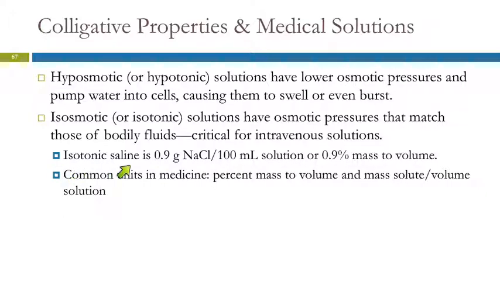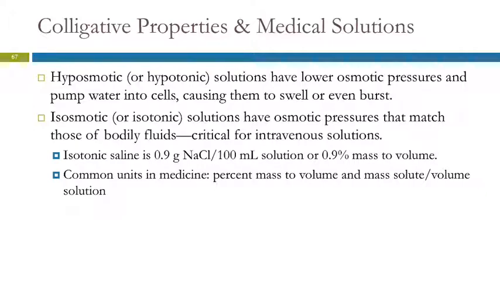Isotonic saline is 0.9 grams sodium chloride per 100 milliliters, or 0.9% mass to volume. And that is pretty much what all IV fluids are based on, that 0.9% sodium chloride solution, mass to volume.